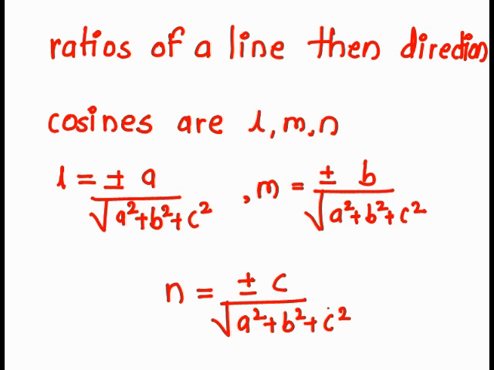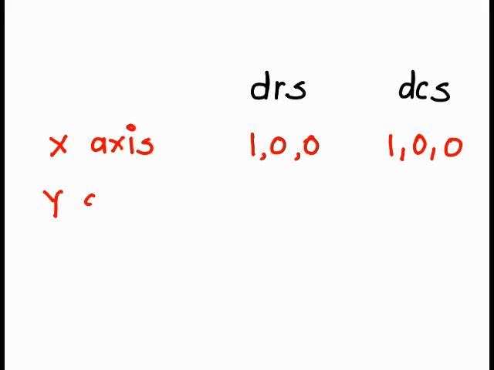Now let's go for the next step. Now we study DRS and DCS of standard lines. The standard lines are our axes. The x-axis DRS is 1, 0, 0, and the DCS are again 1, 0, 0. Now can you guess about the y-axis?